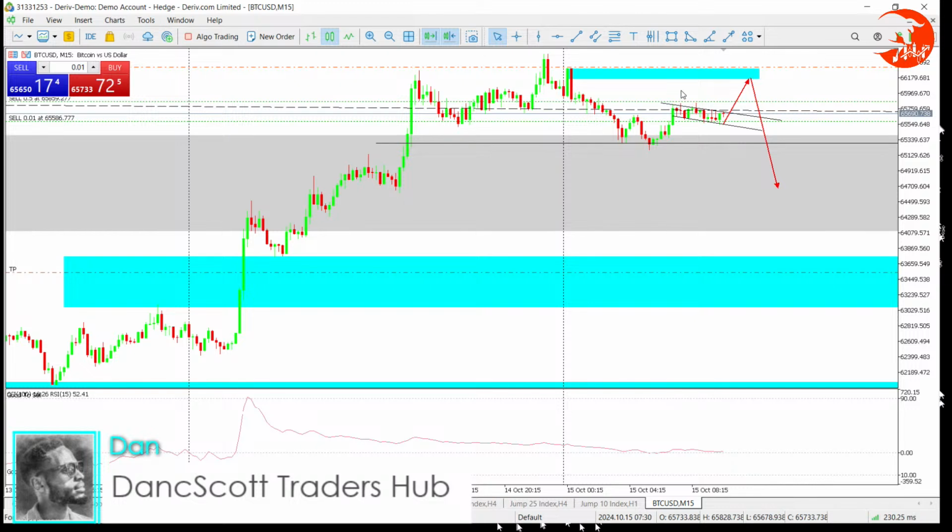The previous move that brought us into that consolidation is the same distance we'll be looking at to take our profits from. All right, so that's where we'll be looking for another entry. I can even put another sell limit down below here for the sells to come in. So that's it for now, I believe.